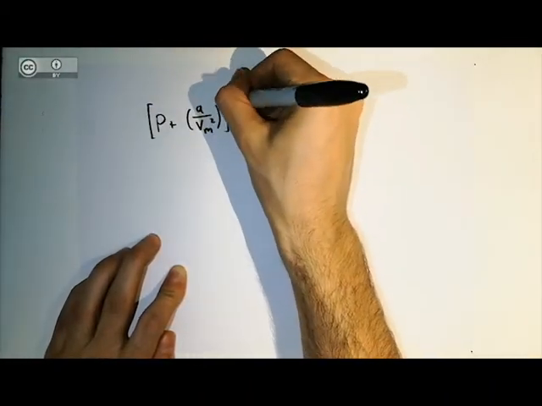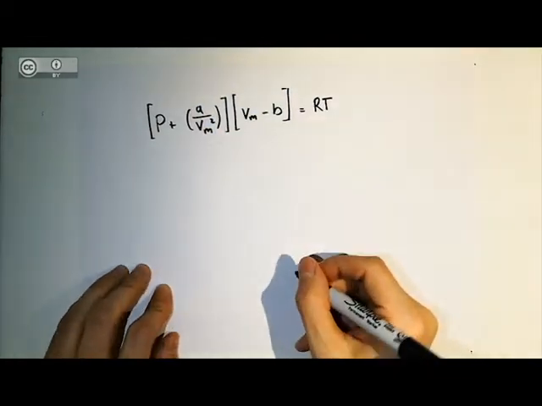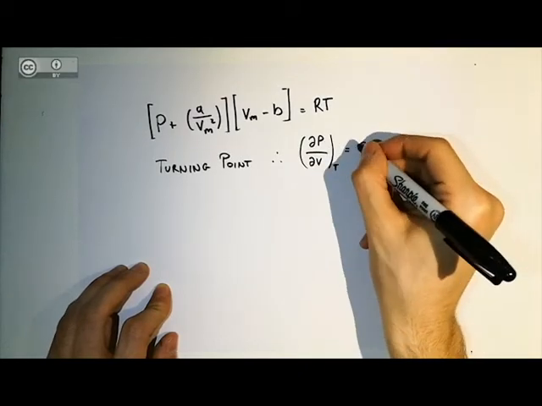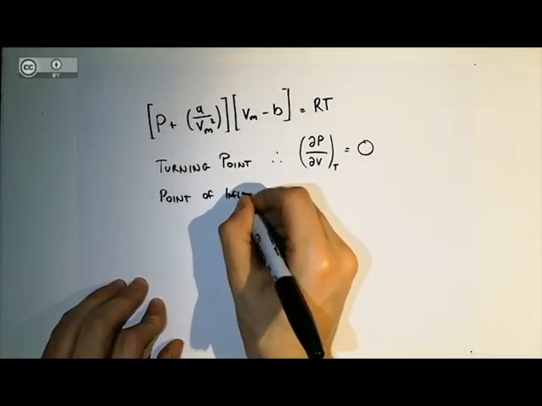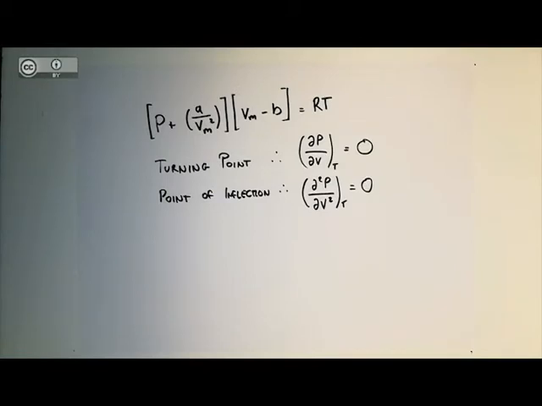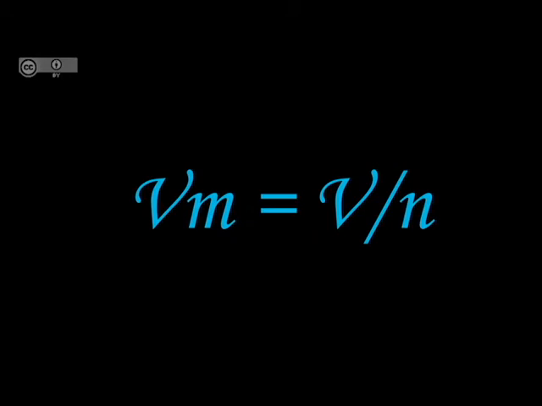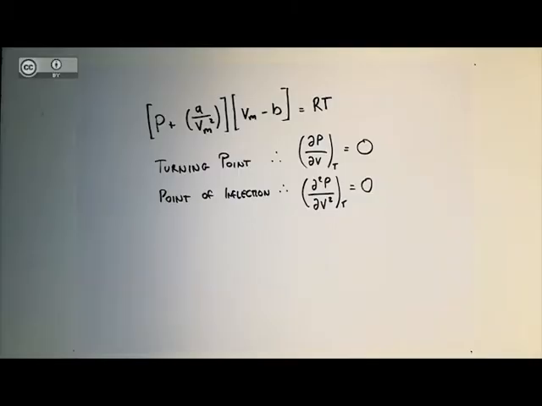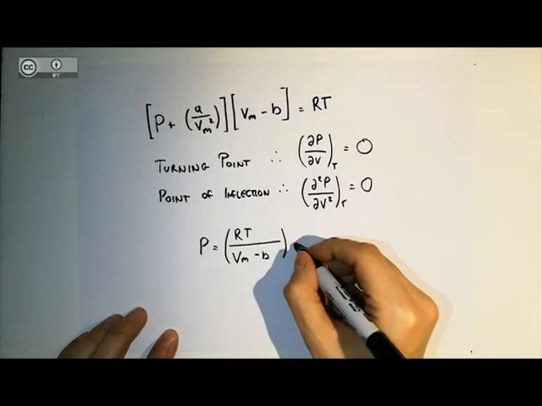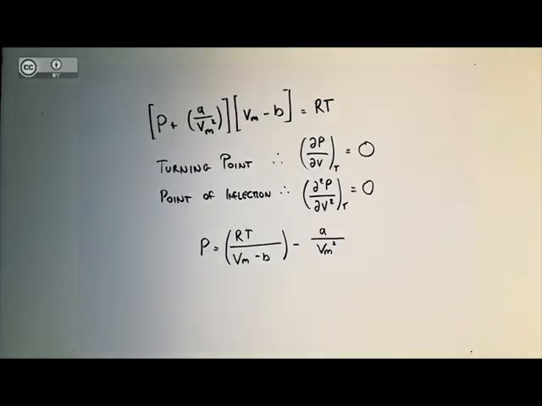Let's find the critical volume on a PV graph. To do this, we need to find the point of inflection, where the first and second derivatives of P with regard to V at a constant T are equal to 0. Note that for these following calculations, V_m equals V over n. This is simply for convenience's sake. First, we rearrange the van der Waals equation of state so that we have P on one side.